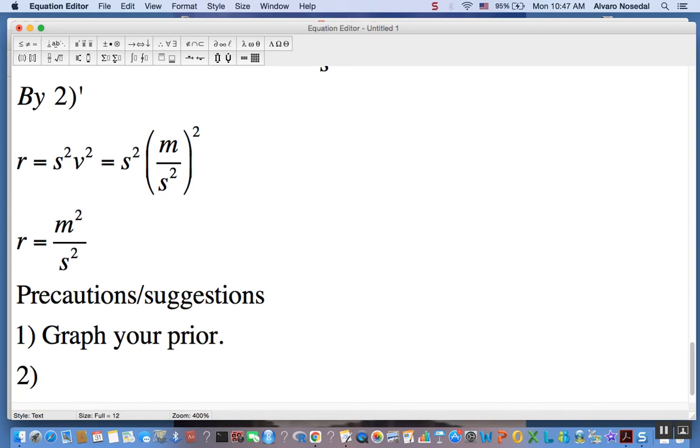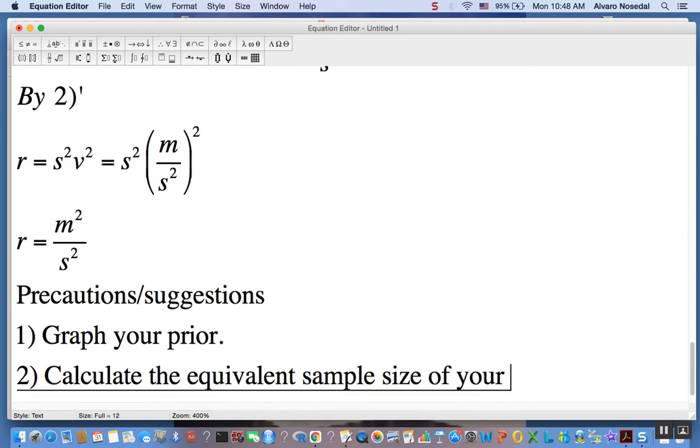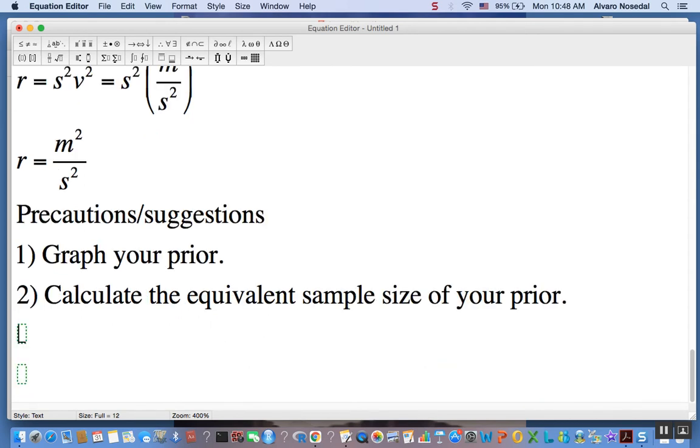The other one, it would be a good idea to calculate something called the equivalent sample size of your prior. We talked about this when we discussed data with binomial likelihood, okay? So there are two ways to find the equivalent sample size.